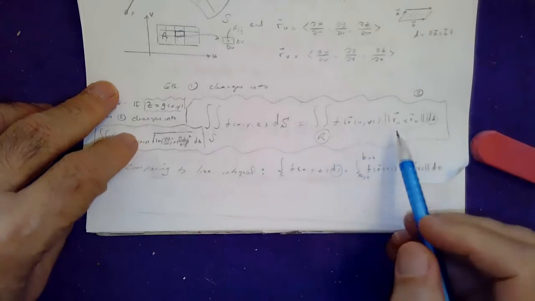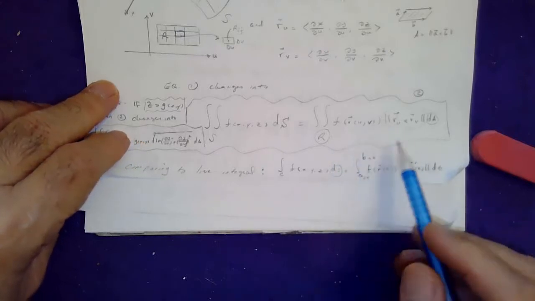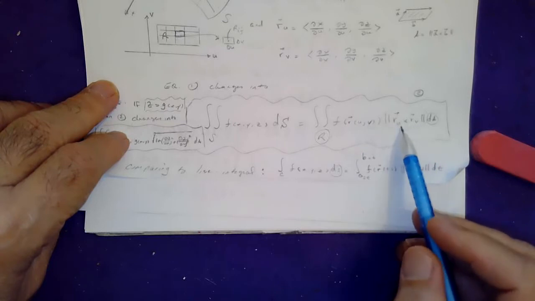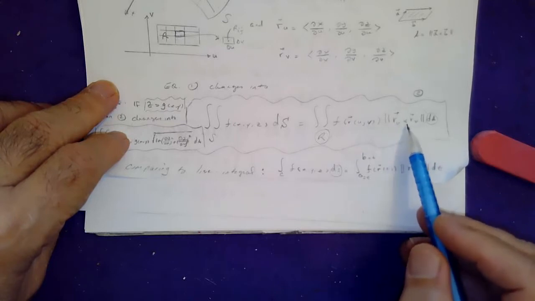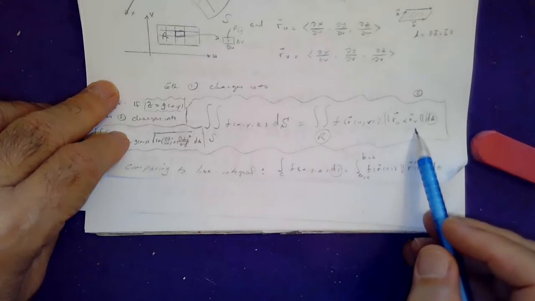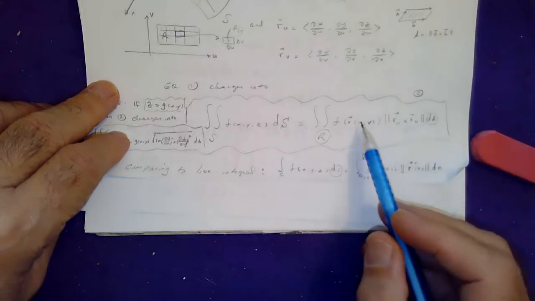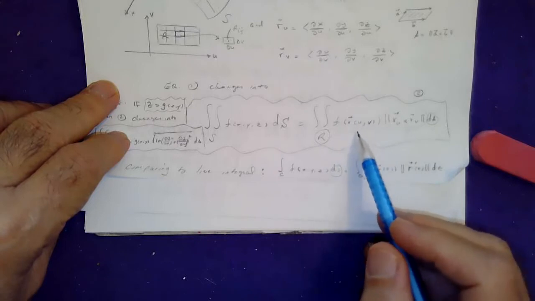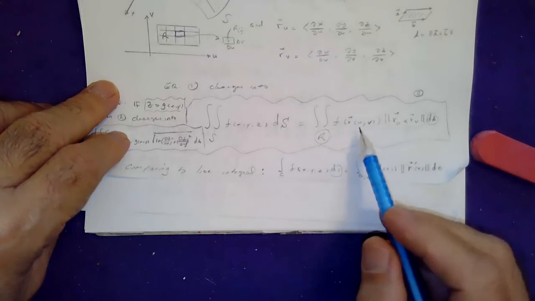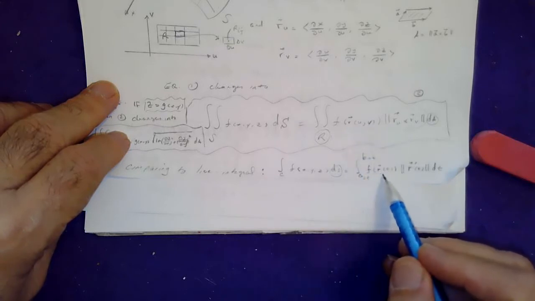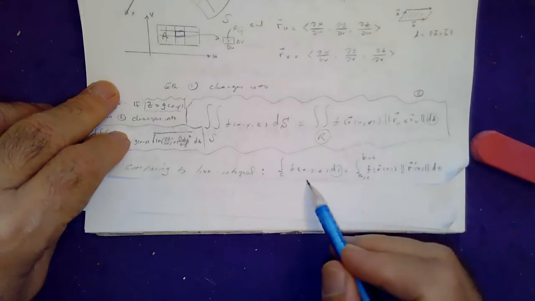It's the same analogy, except this magnitude of r prime is replaced with the magnitude of partial of r with respect to u cross partial of r with respect to v, and the dt is replaced with dA, and still the function is evaluated in terms of the parametric equation of the surface, as opposed to the parametric equation of the curve for line integral.